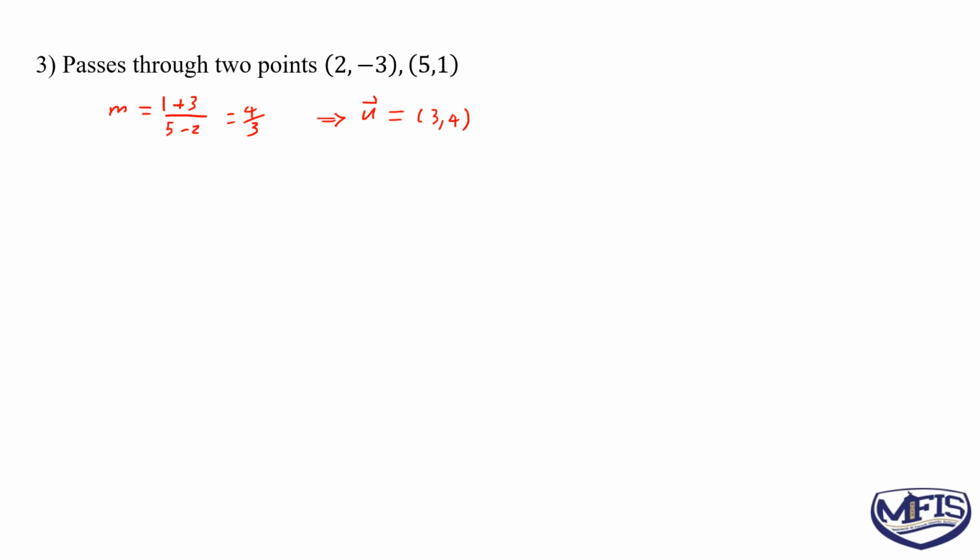So we have the required form r equals a plus k multiplied by the u vector, so r equals a, which is represented by any point, here (2, -3), plus k multiplied by the direction vector (3, 4).